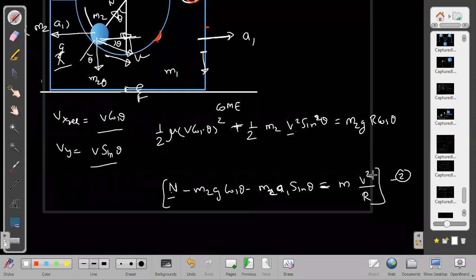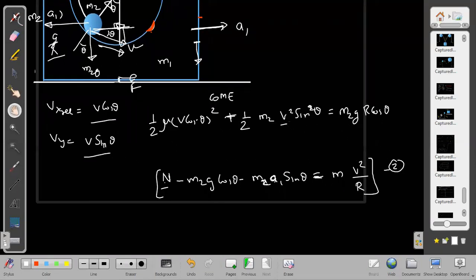Sir, if we can find A relative along X, can you do it in one equation or two equations? I'm trying to think for that. We can obviously do this. It is the same question as before. That is not the problem. I'm trying to avoid the third equation here, but I'm not able to avoid it. I don't know whether it is possible or not.